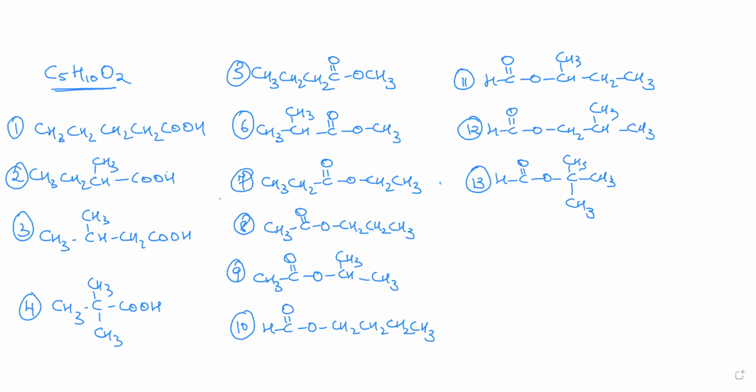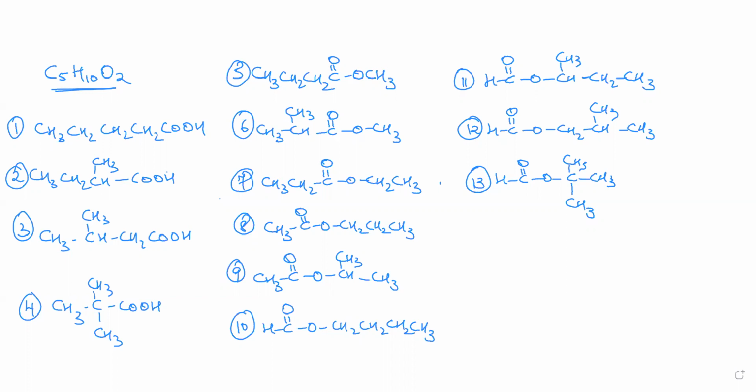Fine. Okay. 2 and 3. 2 and 3 are position isomers. 2 and 4. Yes, 2 and 4 are chain isomers. 2 and 5 will be functional till 13.